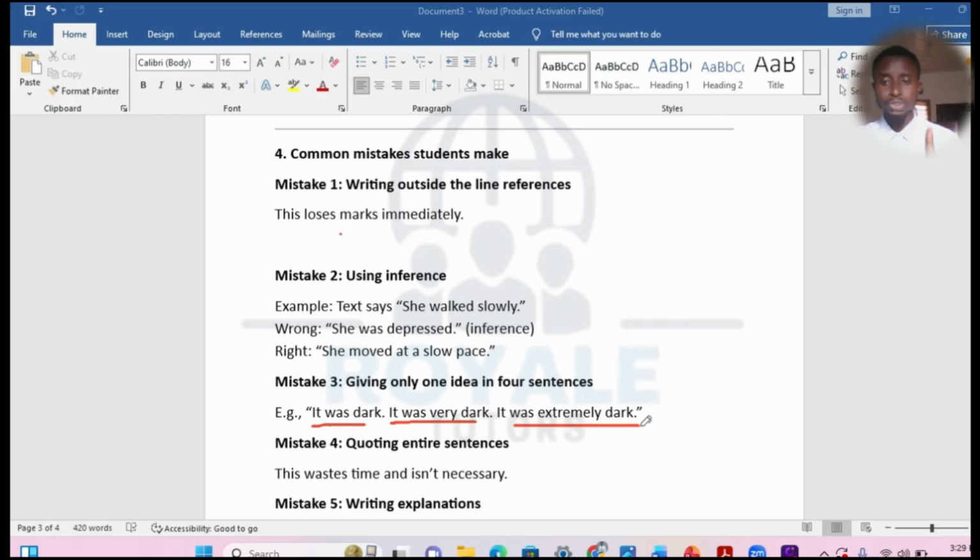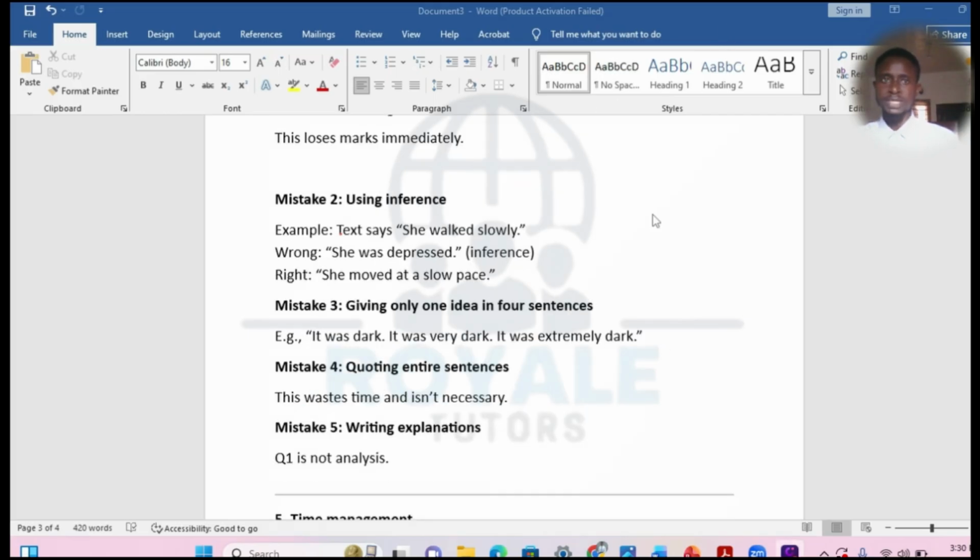Whenever you are told to write 4 things, probably about a character, you need to write 4 distinctive things about a character from the text. And obviously, you are going to find these expressions in the text. The fourth mistake that students make is that they quote entire sentences when giving their answers.